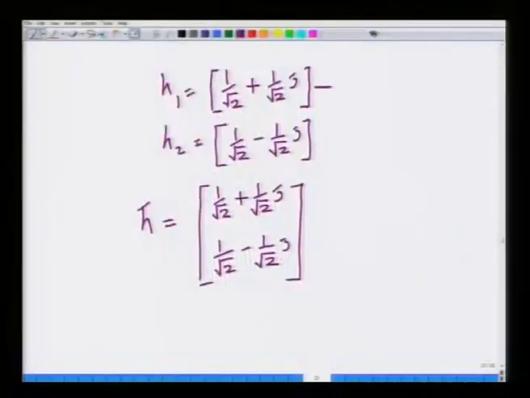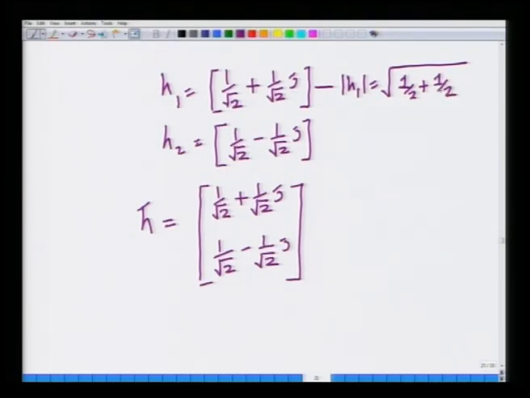Remember, the magnitude of each coefficient: magnitude of h 1 is equal to square root of (1 over square root of 2) square, which is half, plus (1 over root 2) square, which is another half, which is half plus half, which is 1, square root of 1 is 1. So, magnitude of h 1 is 1. You can also compute similarly the magnitude of h 2, and you can verify that that is also 1.